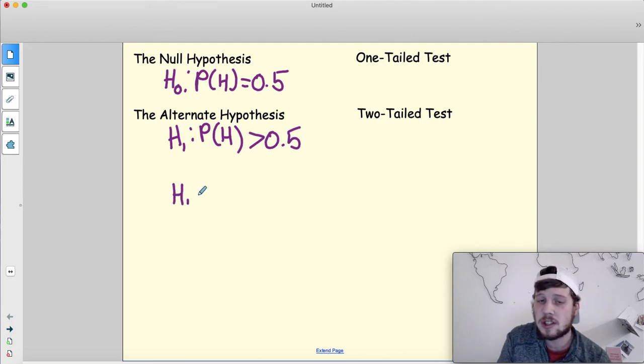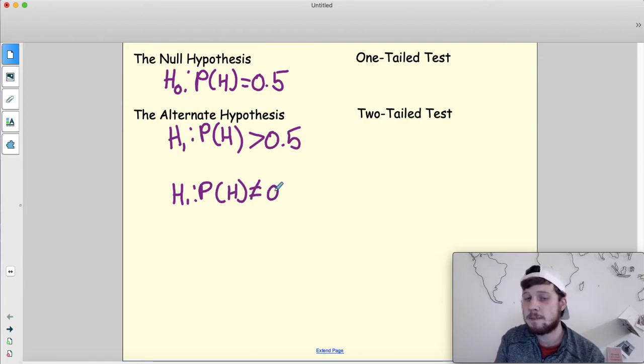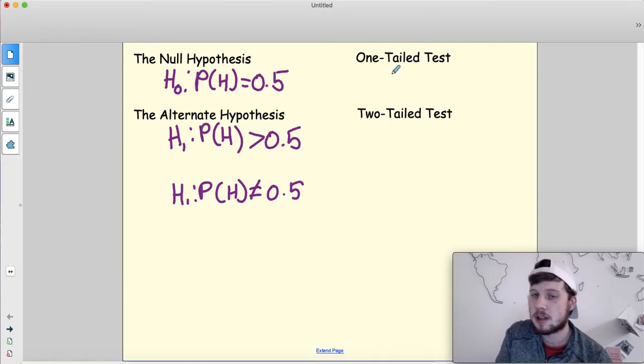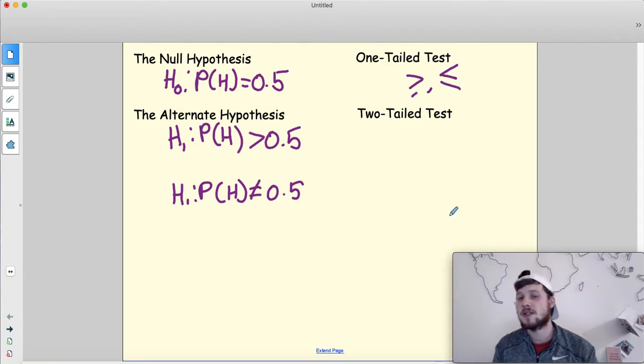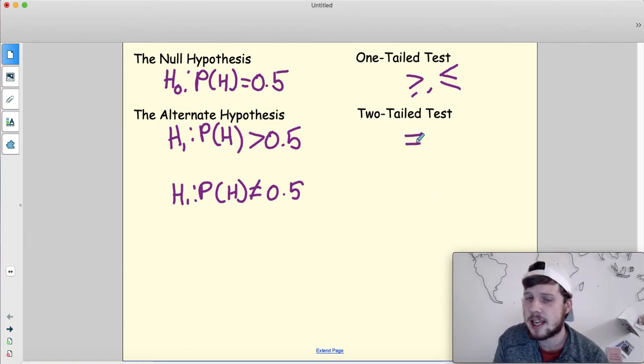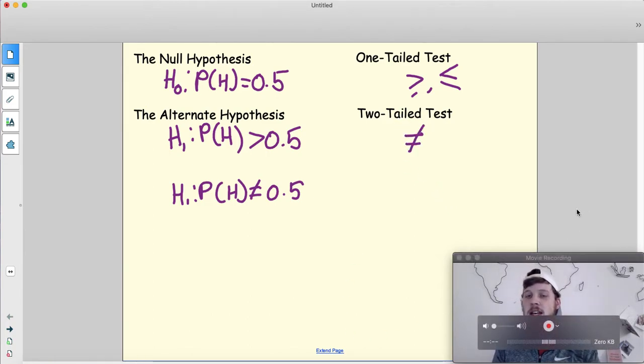With a 2-tailed test, I would say that the probability of getting heads, I don't know which way it would be, but I would just know it would not be equal to 0.5. Typically, a one-tailed test is either greater than or less than, and sometimes it can be greater than or equal to or less than or equal to, whereas a 2-tailed test we would denote by the sign of not equal to.